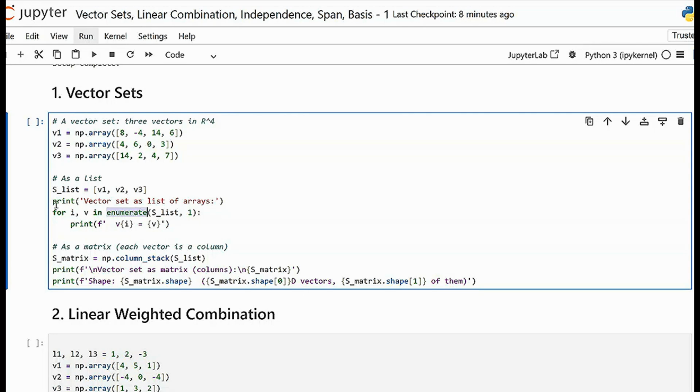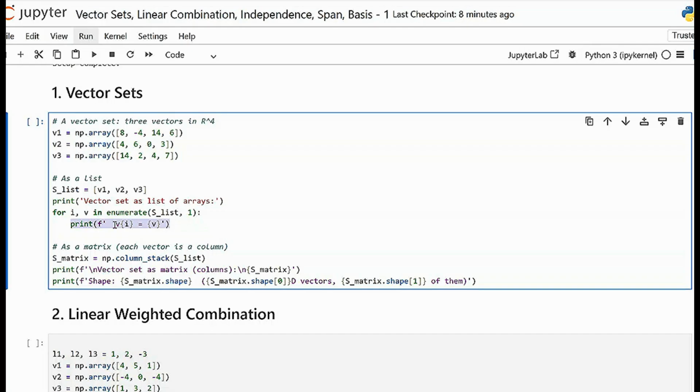Okay, and yes, we have used this for loop, and enumerate starts indexing at 1 instead of 0. And here this i is for the index, and this v is for the vector itself. And here we are printing each vector in formatted form, labeling them as V1, V2, V3.